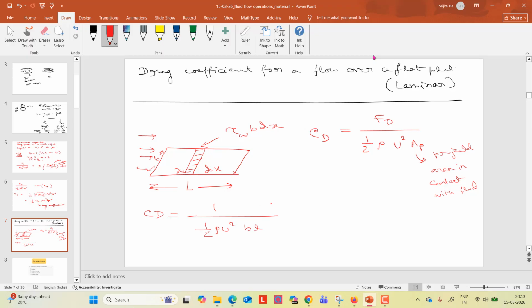So it needs to be integrated from 0 to L of tau W B dx, because we are calculating the drag force, right?